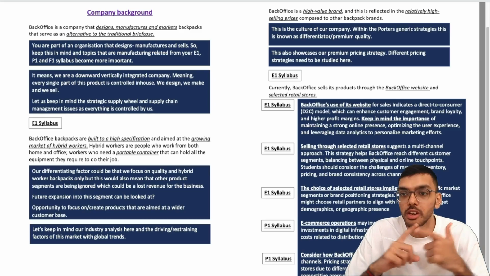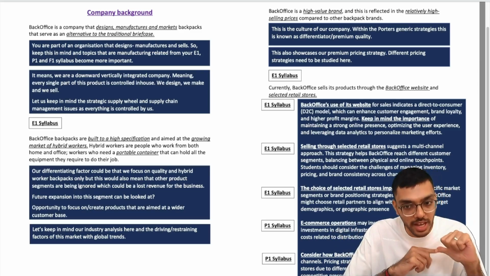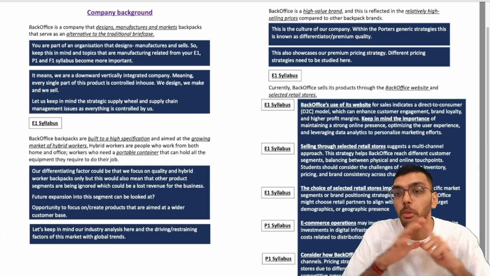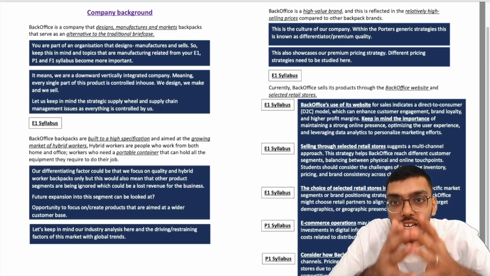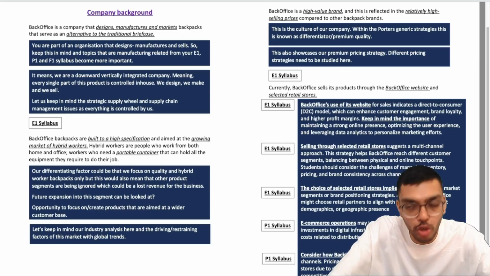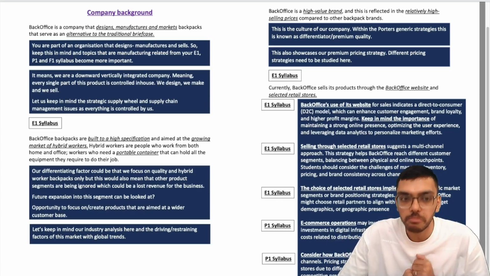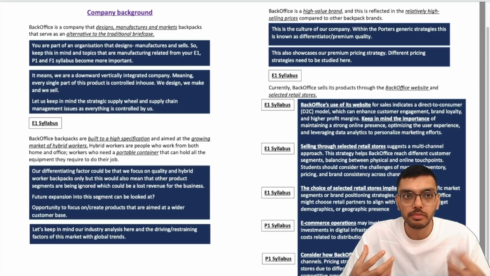You just do revision, forget the pre-seen, no use. You just do the pre-seen, forget the revision, no use. Both together are very, very, very important. And I am already clearly pointing out the important E1, P1, F1 topics for you, which you'll see on the screen. Your job is to pick them up, revise them in your own words.